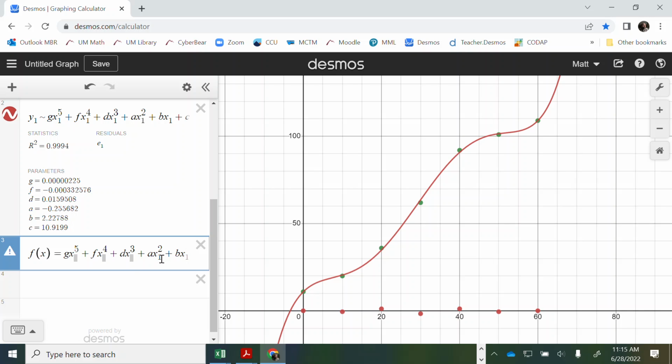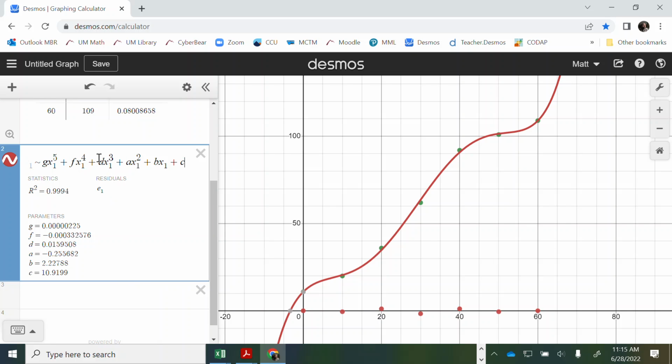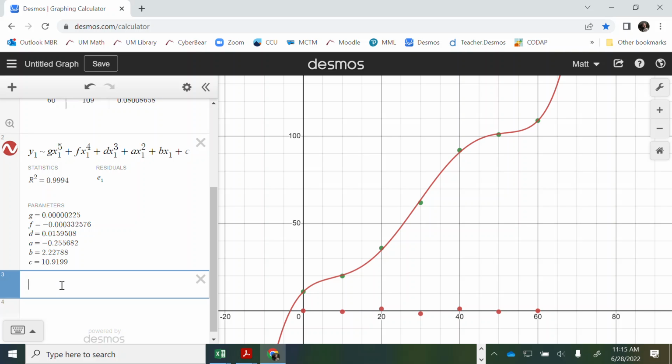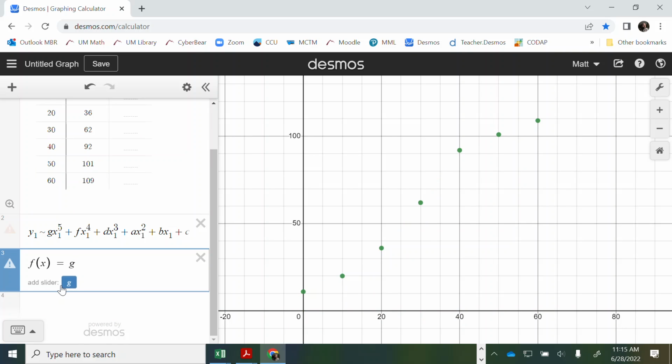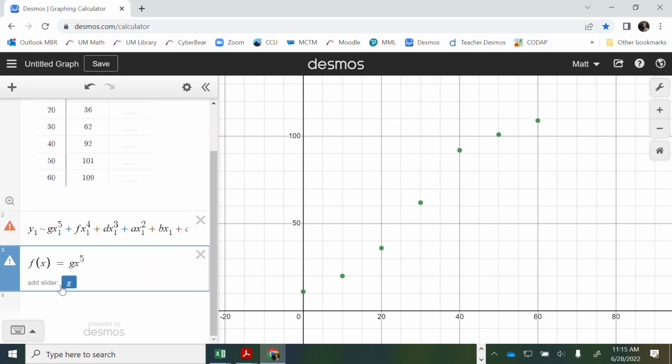Oh, I just erased it, sorry. F of x, I'll just do g x raised to the fifth.